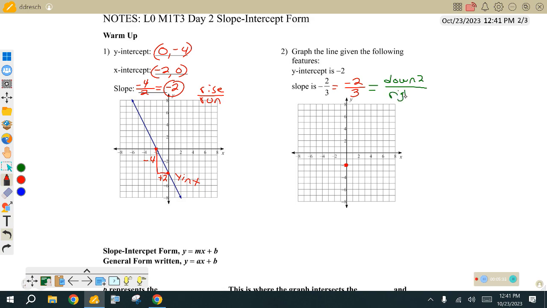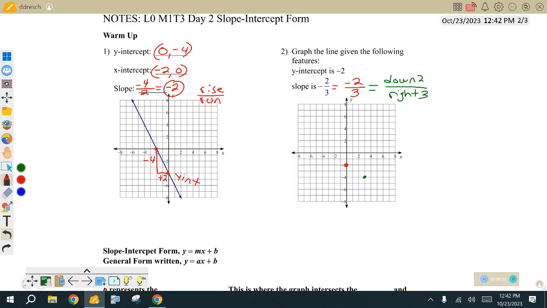And that's it. So we're going to apply that sense of direction. Do that, but do it from that -2 that you just plotted. Down 2, right 3, down 2, right 3. Repeat, repeat. I like to do it not just once, but as many times as we can.